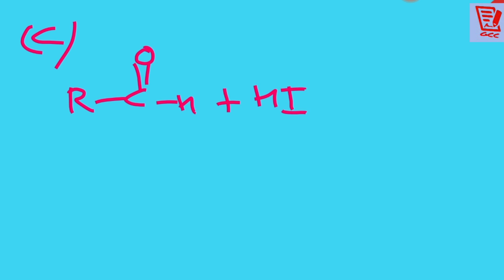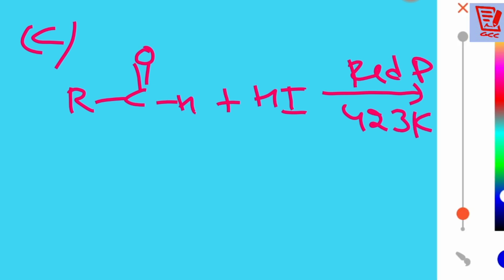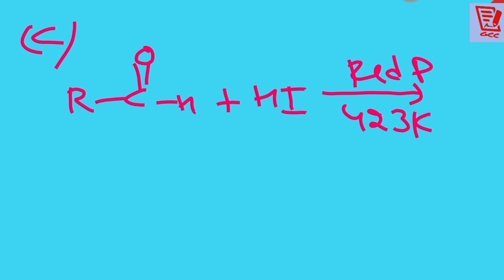Okay, but now it's the C part. You must see, all of you. In the C part, they told reduction with HI. Again RCHO I am taking. Here the reduction with hydrogen iodide. I told you, you might remember, that whenever we are using red phosphorus, 90% chances are there that there will be the formation of the alkane.